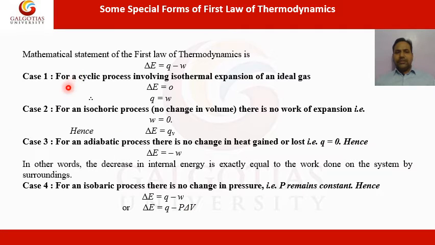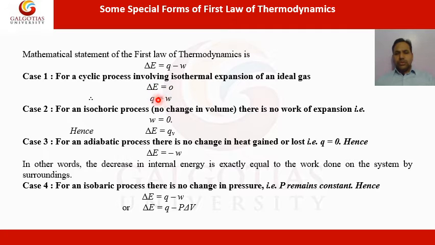So these are the different special forms of the first law of thermodynamics. In the first case, the cyclic process involves isothermal expansion of an ideal gas. Isothermal means the temperature is not changed, so delta E is equal to 0.